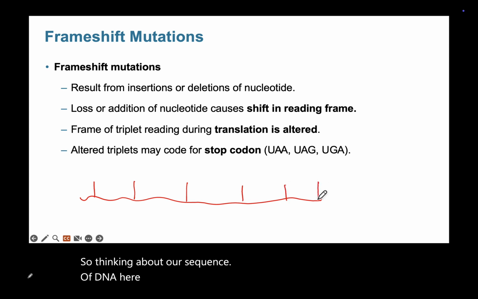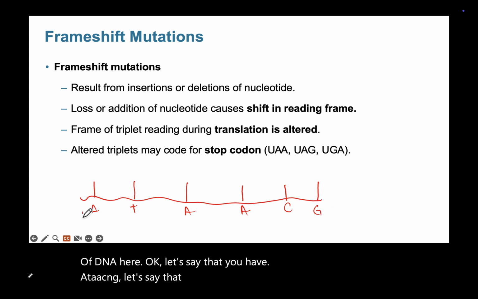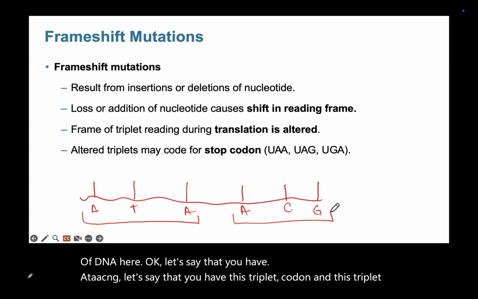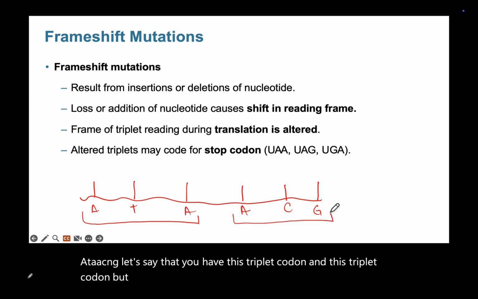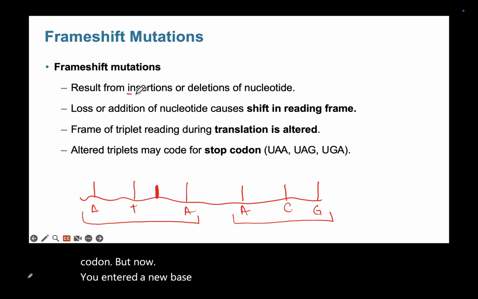Let's say that you have A, T, A, C, and G. Let's say that you have this triplet codon and this triplet codon. But now you entered a new base pair. Let's say that we're talking about an insertion of a nucleotide.